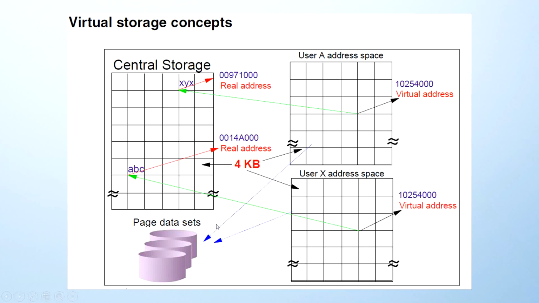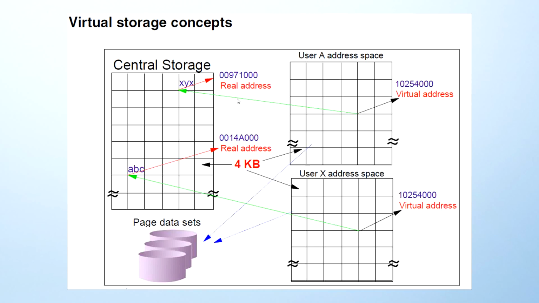What he is trying to show here is two address spaces, one for user A and one for user X. When user A wants to access this particular virtual address, which is an example address here, there is a processing step in between called DAT, which stands for dynamic address translation.